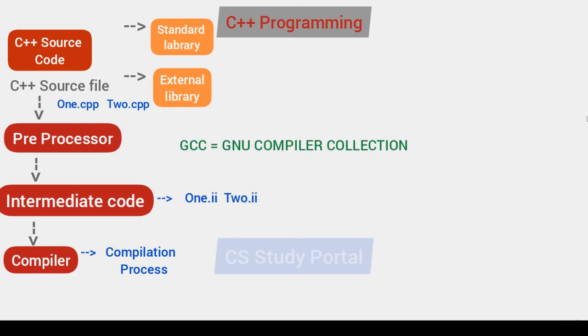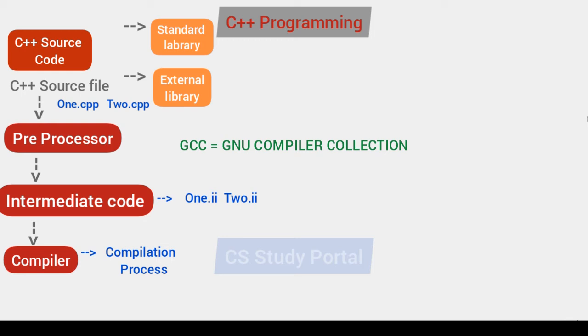GCC stands for GNU Compiler Collection. They provide compilers for a lot of different programming languages like C, ADA, and Go, etc. They also provide a compiler for the C++ programming language. It is open source, freely available, and we will be using that in this video series.